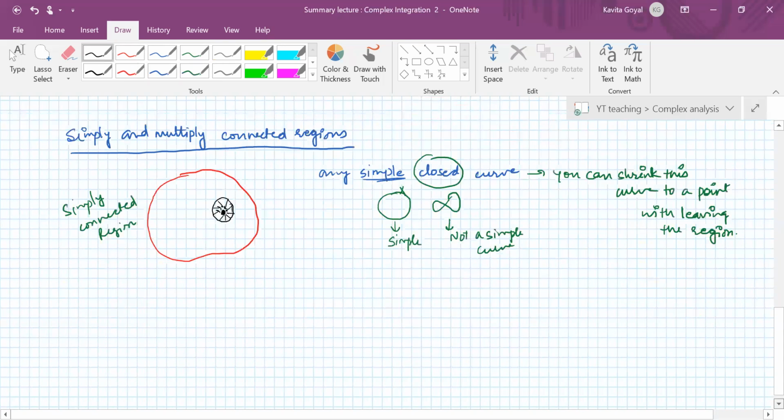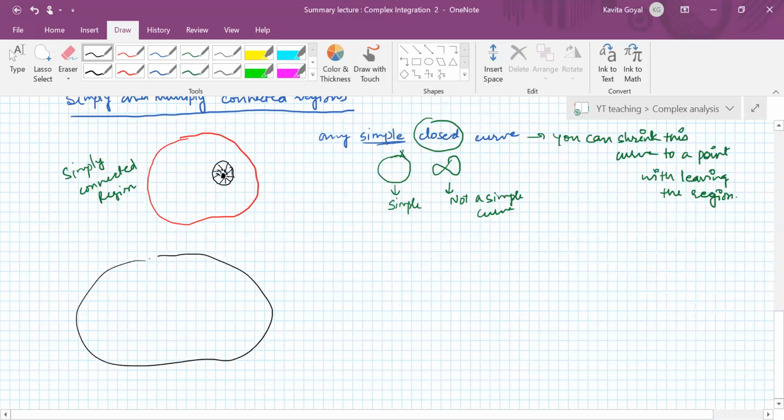But if I take a region like this, say this is your region, this is the hole, so the highlighted part everywhere is your region. If here I take any simple closed curve, suppose I take this one, can I shrink it to a point?